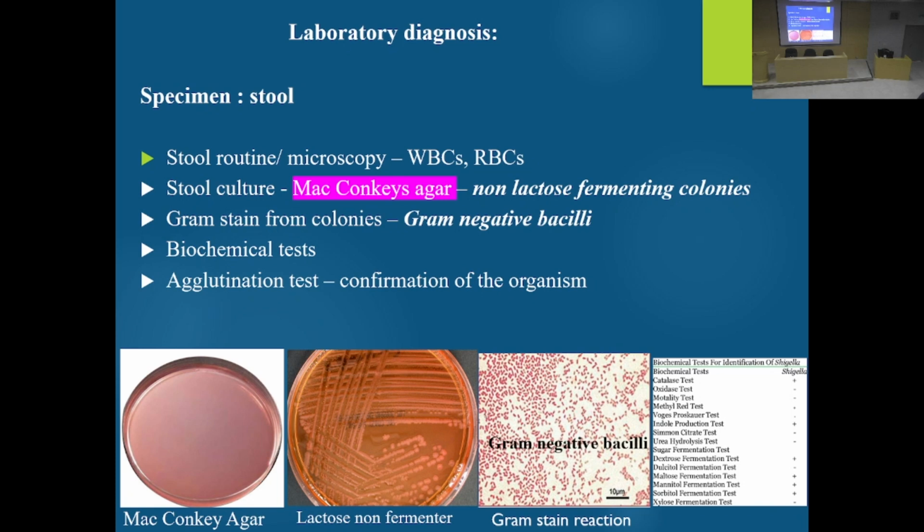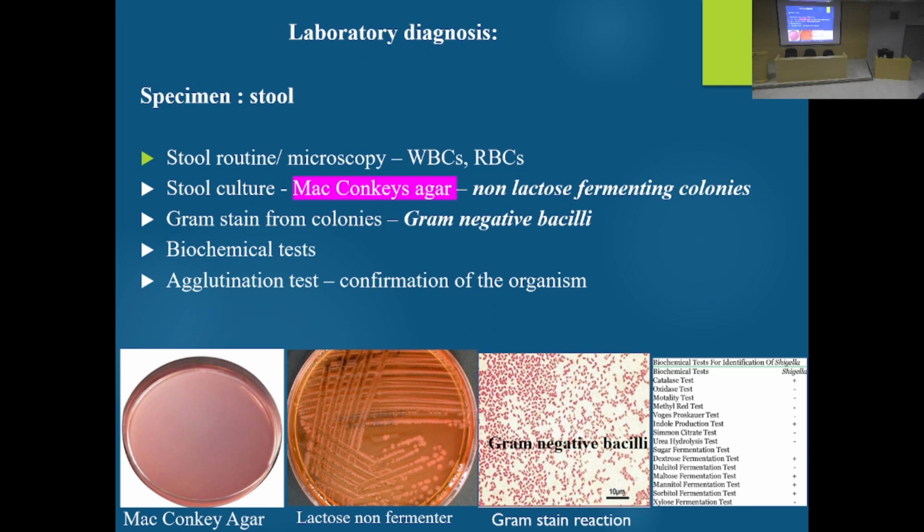Then we would like to know what type of pathogen is present. So for that we do stool culture. We use a specific media called MacConkey's agar, which you will study in your lab. Here you can see MacConkey's agar, a pink culture medium. When you inoculate the stool sample on MacConkey's agar, you will find non-lactose fermenting colonies.